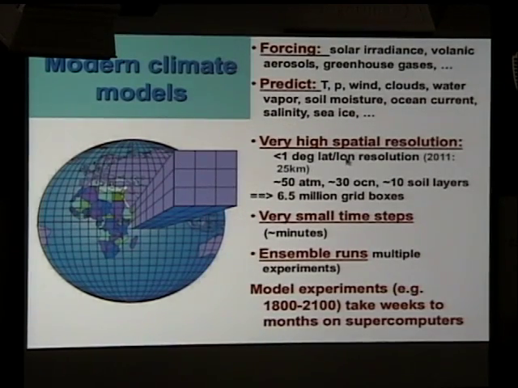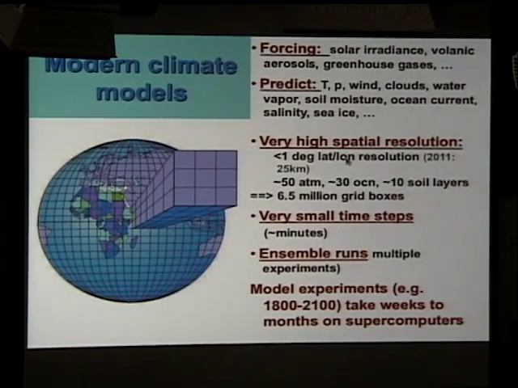In the last decade, we were going for finer than 1 degree latitude by 1 degree longitude resolution. Now the next generation, we're going for 25 kilometer horizontal resolution. Just so you have the number in your head, the surface area of the globe is 5 times 10 to the 14 meters squared, so you can count how many grid boxes.